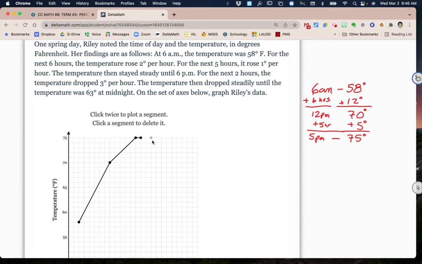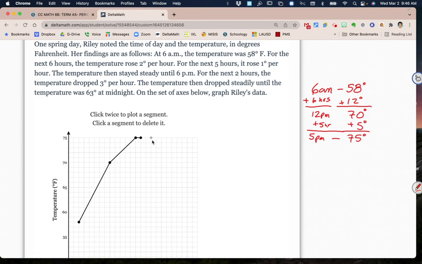Then it says, for the next 2 hours, the temperature dropped 3 degrees per hour. How many degrees did it drop? 3 every hour, but how many degrees total? Well, what's 2 times 3? 6. Right?